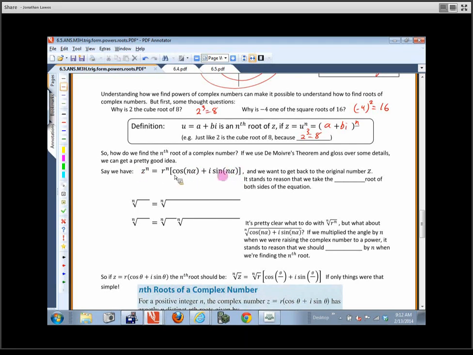So this is De Moivre's theorem, right? If we raise it to a power, we raise the radius to that power, and we multiply the angle by that power. So let's say we've got that and we want to get back to the original number z. We don't want to raise z to the nth, we just want plain old z. Then we're going to take the nth root of both sides of that equation.